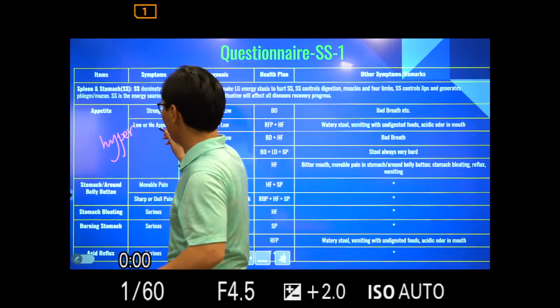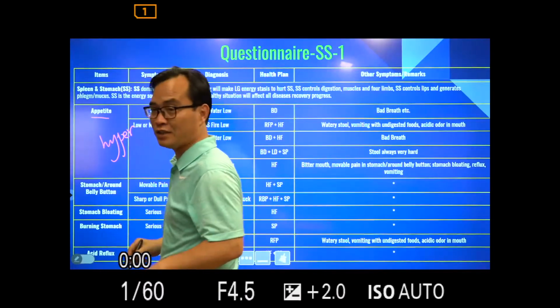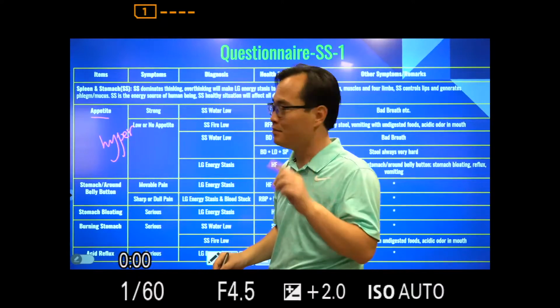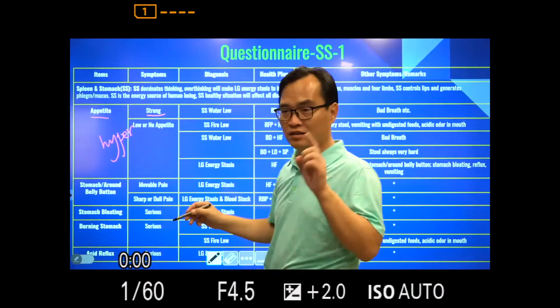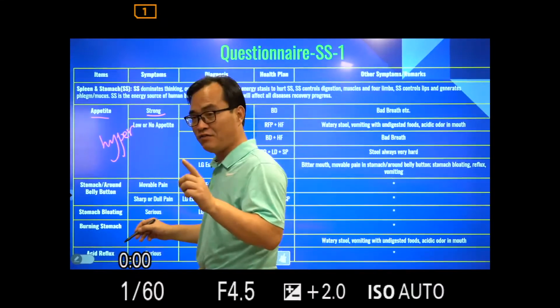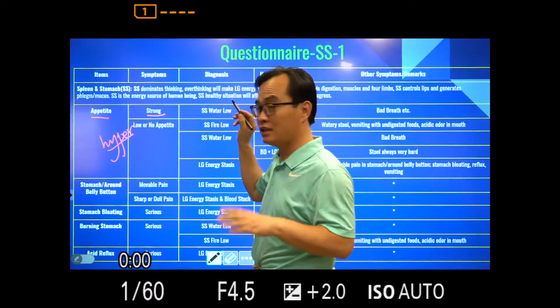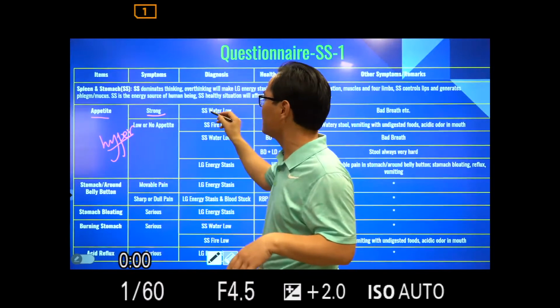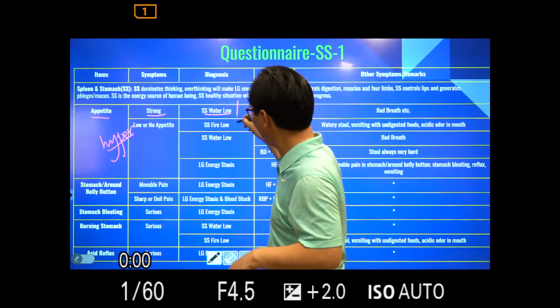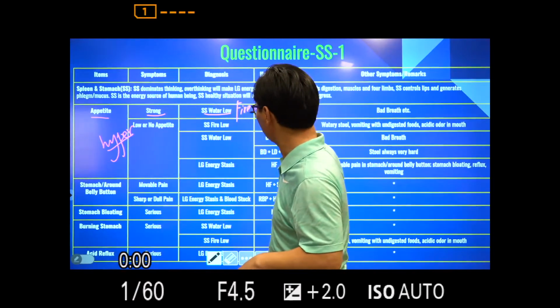So if appetite is one function of the SS system and it is strong, this function is in the hyper level. It is a confirmation for SS water immunity low and fire toxin high.